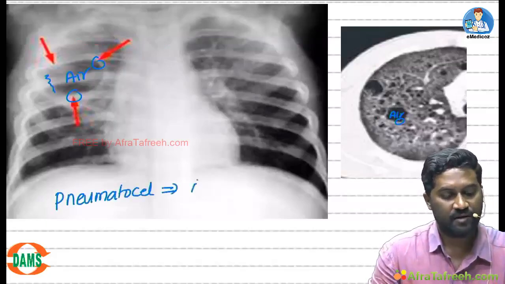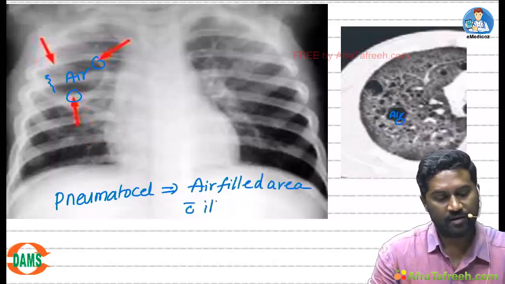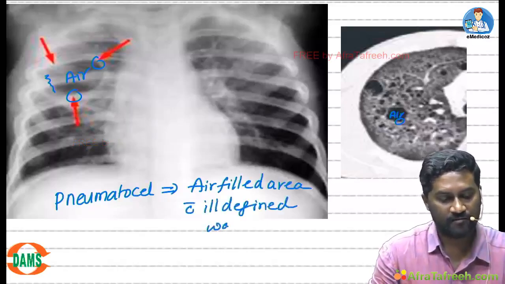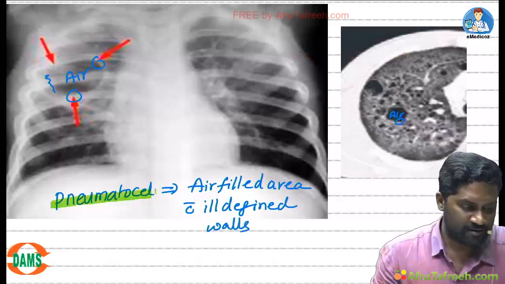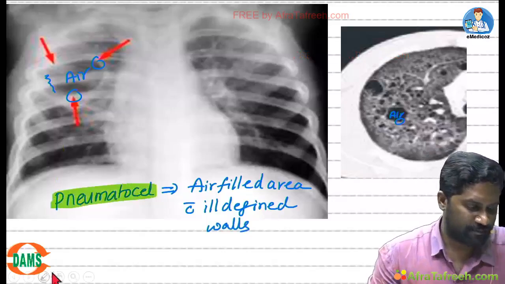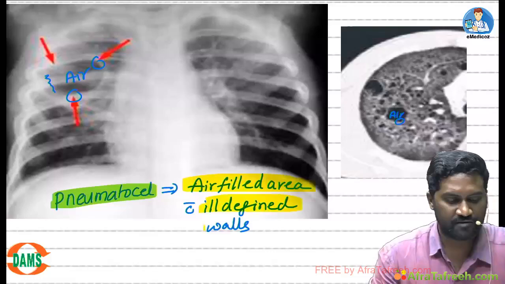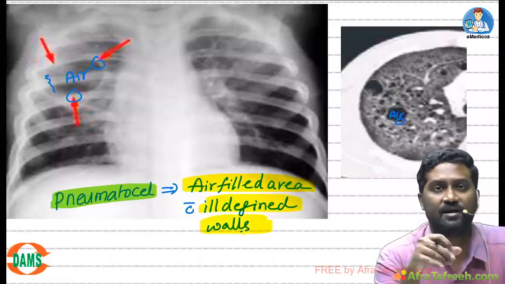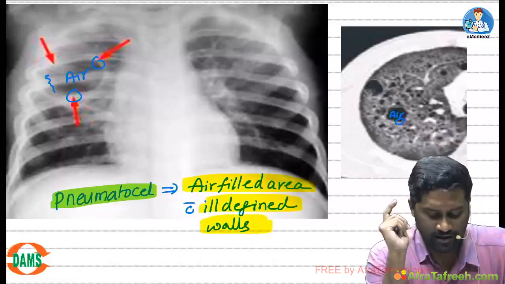Pneumatocele is an air-filled area with ill-defined walls. Where did we learn about pneumatocele? In which infection? It can happen in staph, Klebsiella, pneumocystis pneumonia.